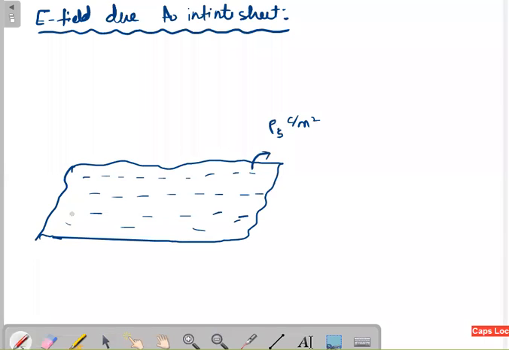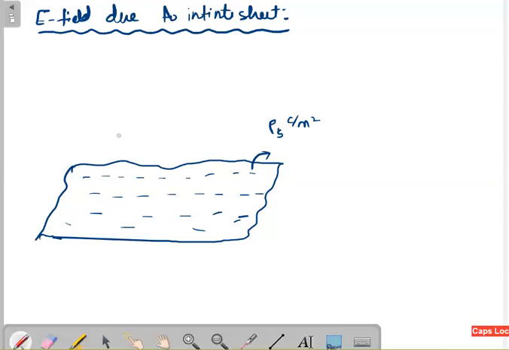Now I take some imaginary cube or cuboid, in this manner. Please note down clearly. This is my imaginary surface.